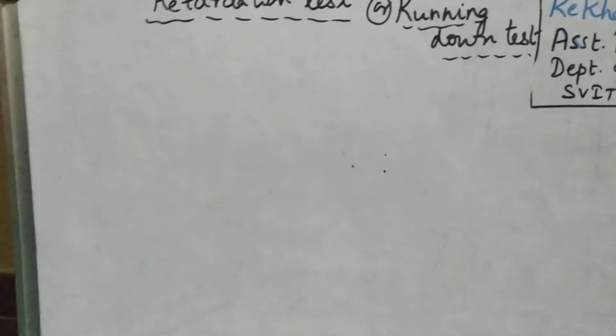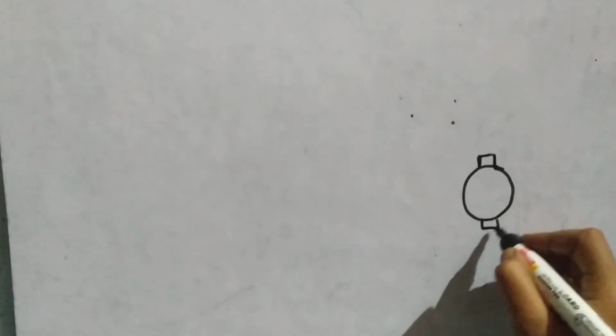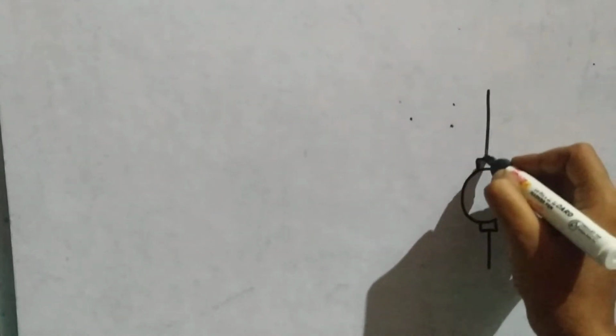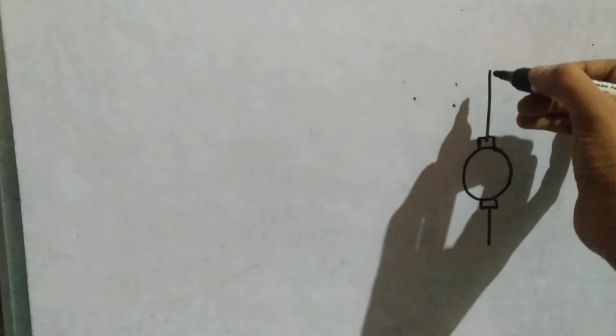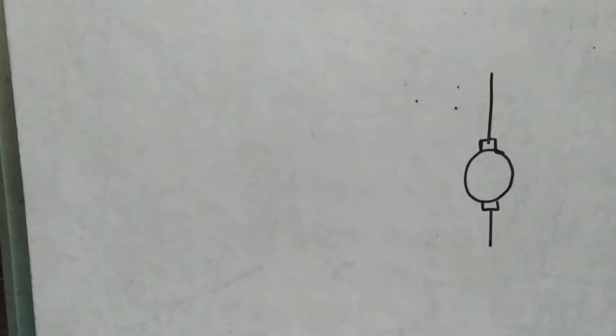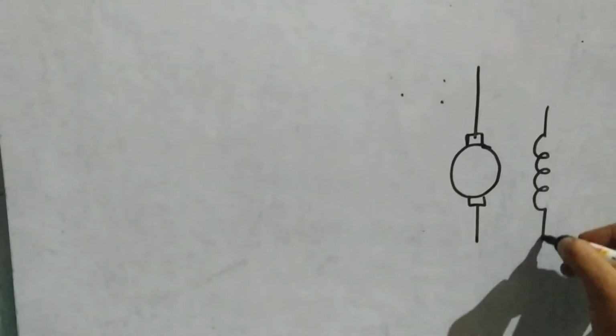Here I am going to make use of the shunt arrangement. That is the motor which will be drawn here. The armature of this motor has been drawn here, and to this I am going to connect the field winding.